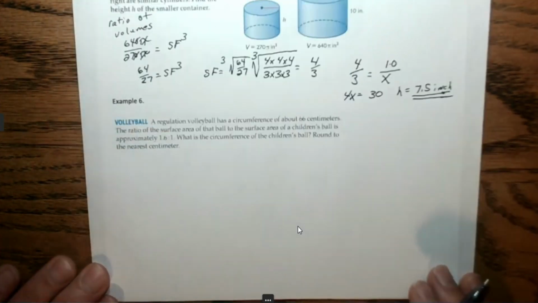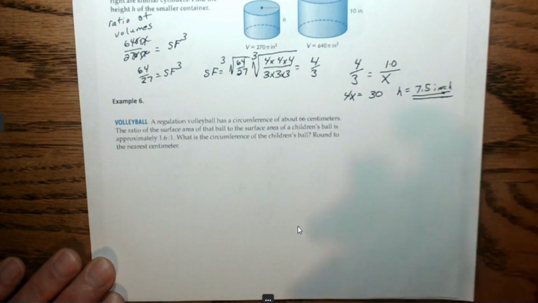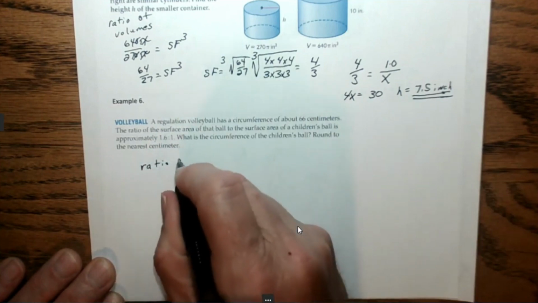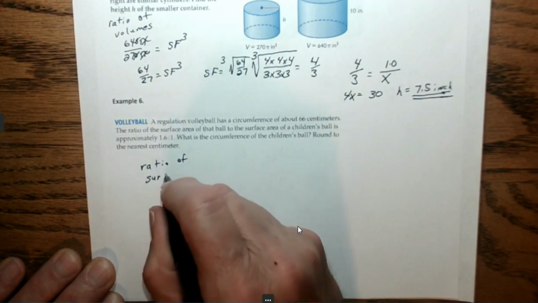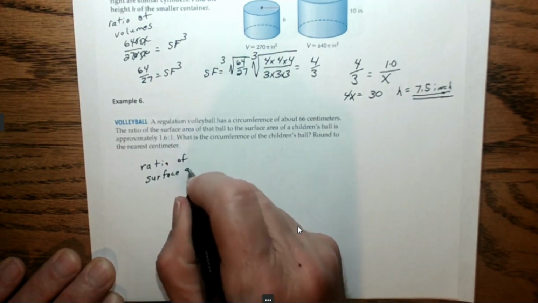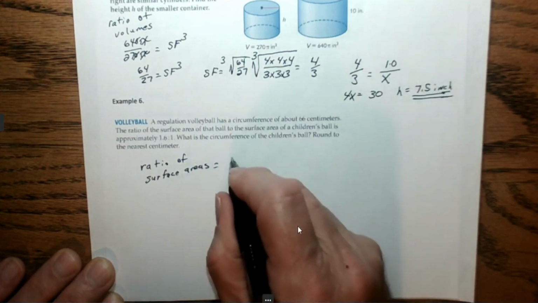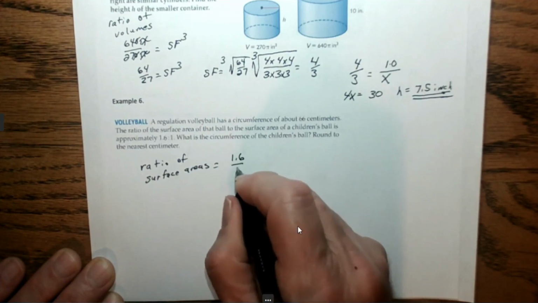Our final problem. A regulation volleyball has a circumference of 66 centimeters. The ratio of the surface area of that ball to the surface area of a children's ball is approximately 1.6 to 1. So we have a ratio of the surface areas, equal to 1.6/1.